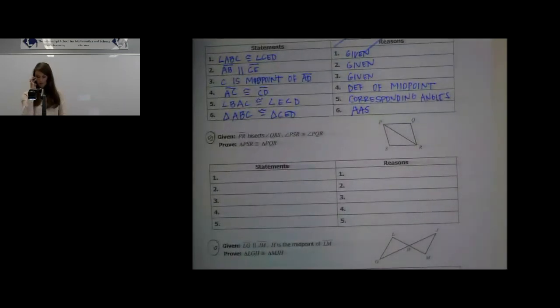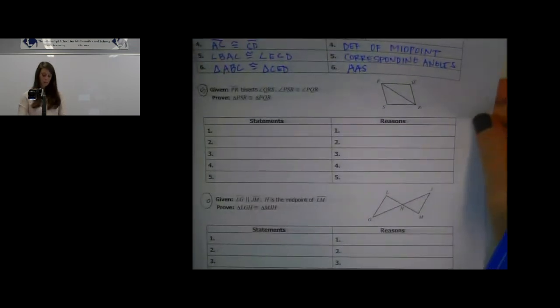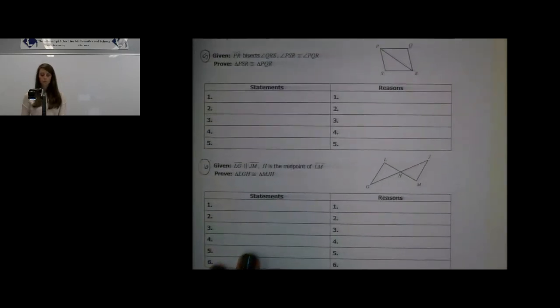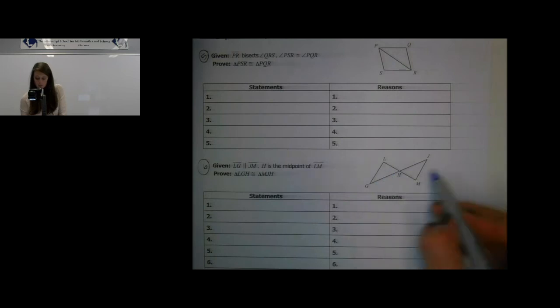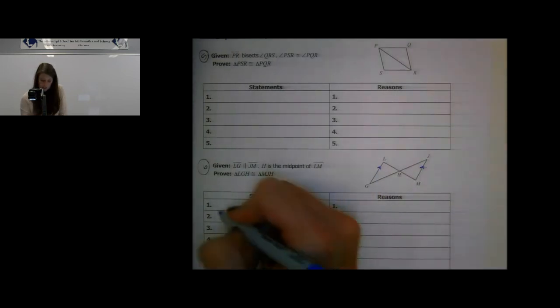All right, y'all, try number 6, and I'm going to let you do number 5 on your own. So we're not going to go through number 5, but we will go through number 6 together. So try number 6. Okay, so here I have LG is parallel to JM.